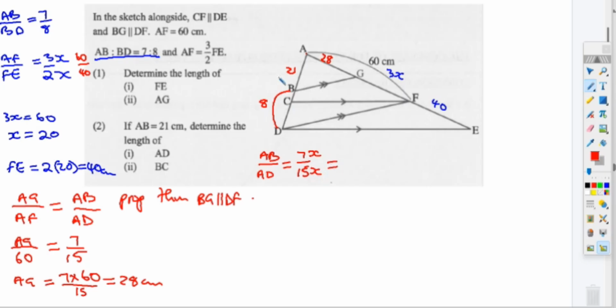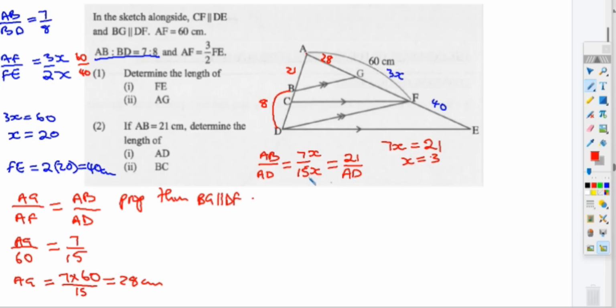And then this should be equal to 21 over the whole AD. Do we have AD? That's the one we are looking for. We do not know the value of AD. But on top here we have 7x is equal to 21. And then 7x over 21, you can see that your x there is equal to 21 divided by 7. That is equal to 3.